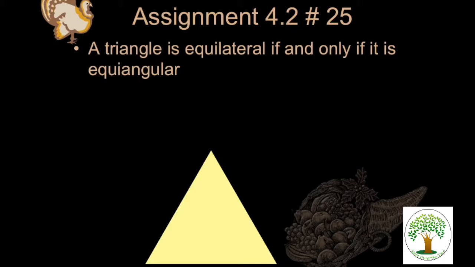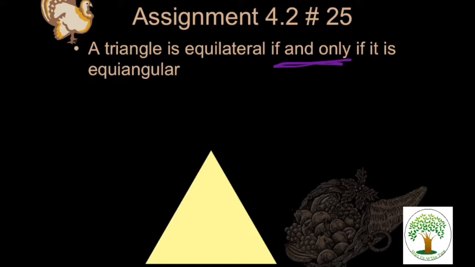You were asked to take this statement, which is a biconditional, and turn it into a statement and its converse. A triangle is equilateral if and only if it is equiangular. The if and only if will be gone, and you'll have an if something, then something else.